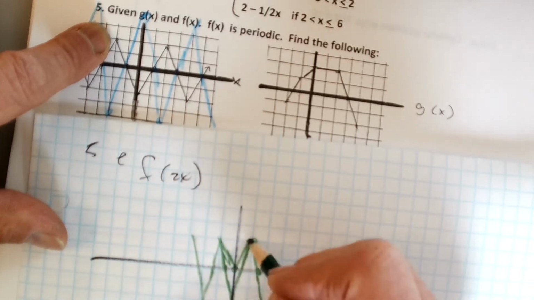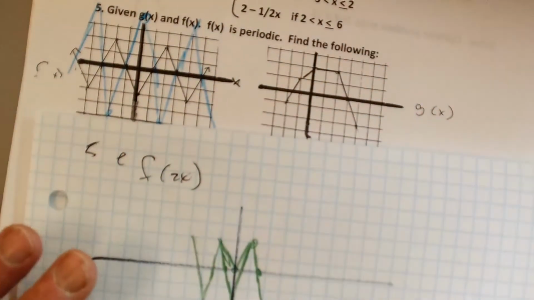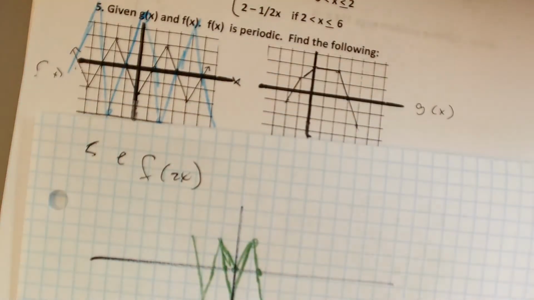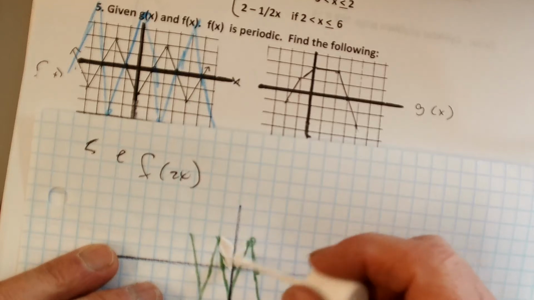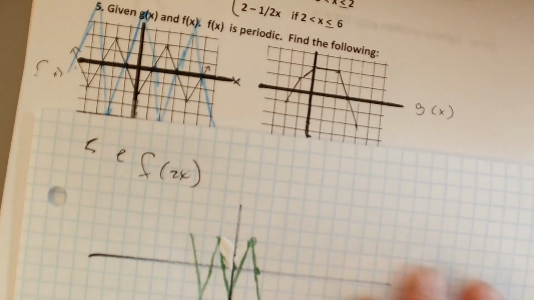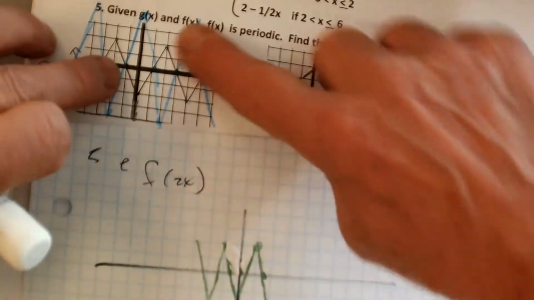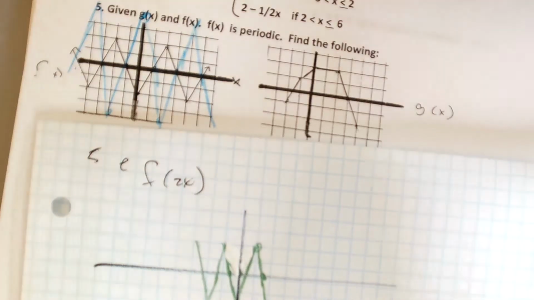There we go. Good thing I have white out, huh? So after I fix my mistake, what I have is two curves in the space of 1 curve. Hopefully you can see that. And of course it just keeps going on and on because it's periodic.